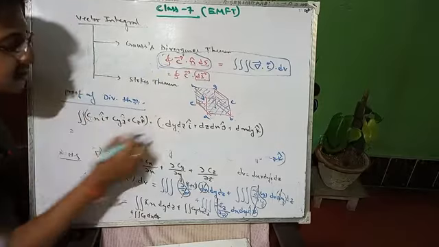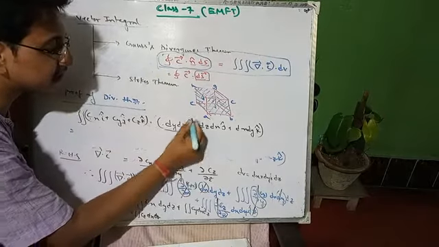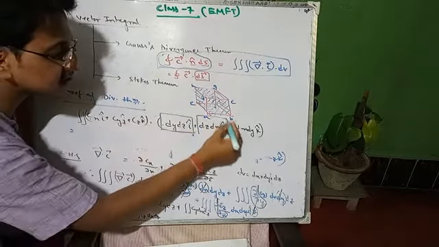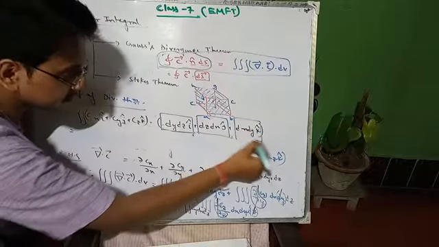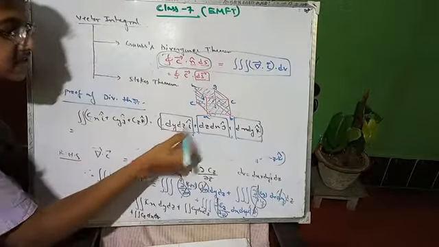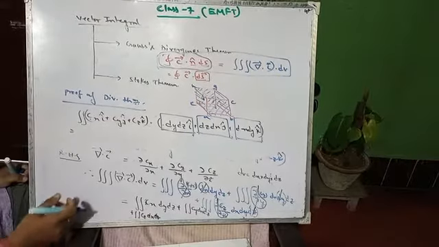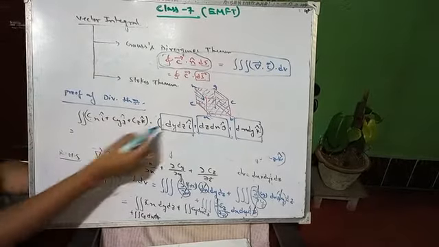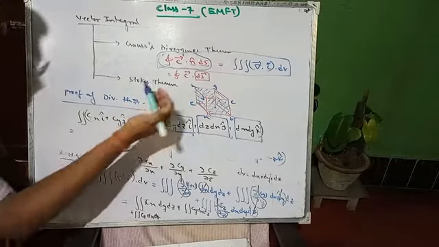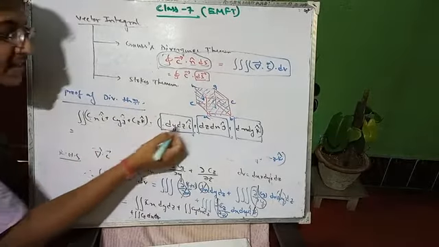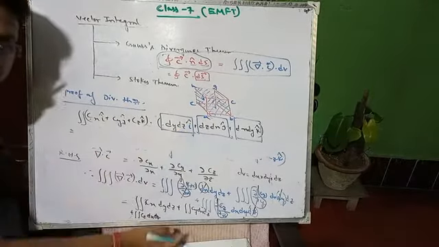Now you can see dy dz into i cap. What is the significance of these three parts? It is very much important. What is dy dz into i cap? It is a differential area in the yz surface, which is directed in the x direction.